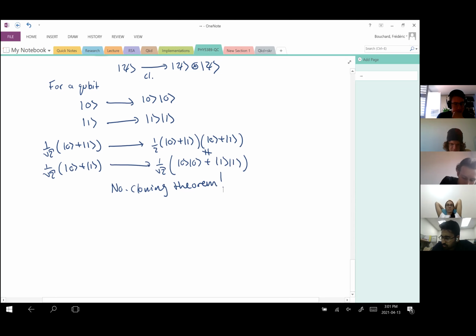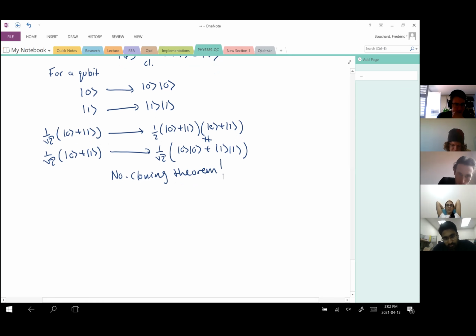So what that means is if I encode information on a quantum system, I cannot just make a copy of that quantum system and have that copy be the same as the initial one. But in general, what can be done, what is allowed by quantum mechanics, is to generate two imperfect copies. So now I'm writing rho for density matrices.